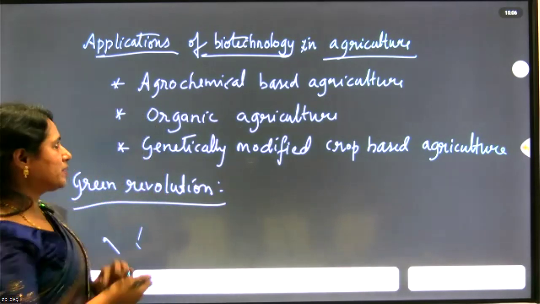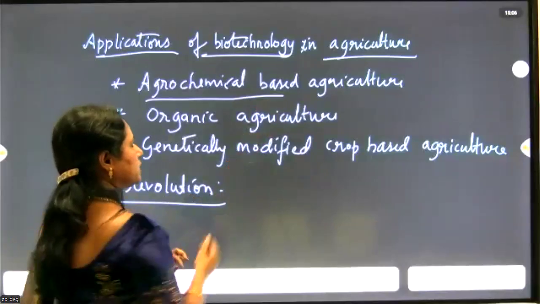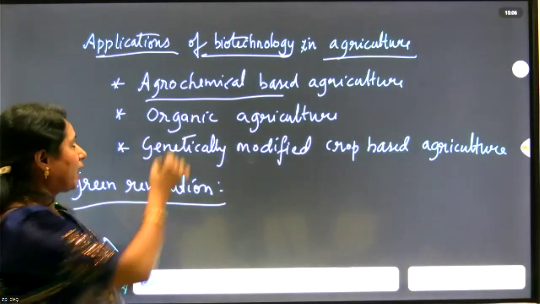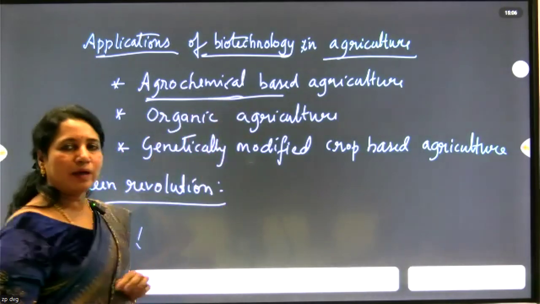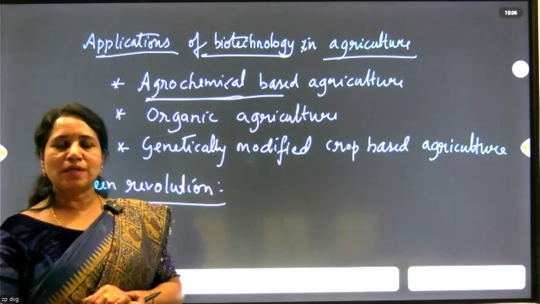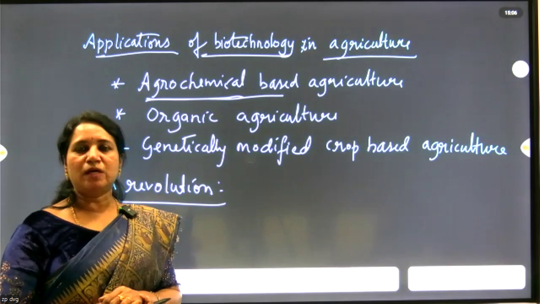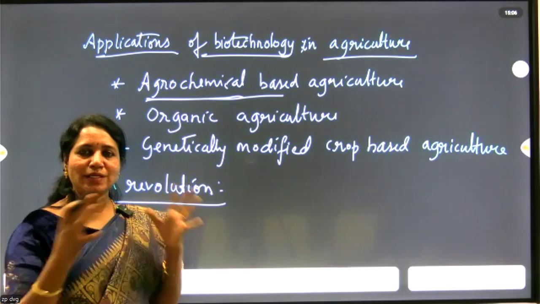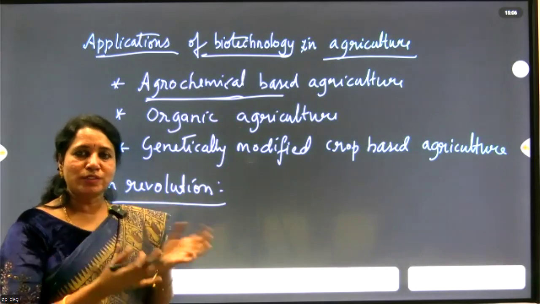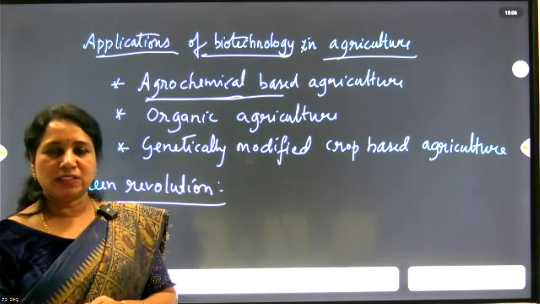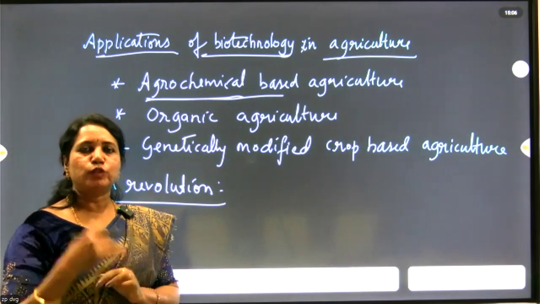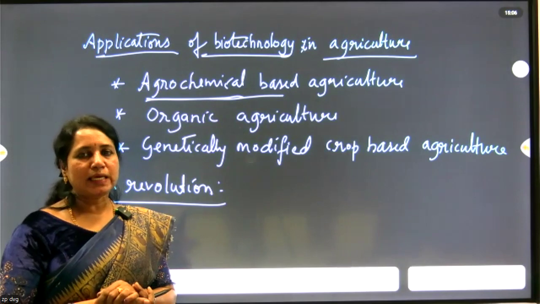They mainly concentrated on agrochemical based agriculture, where they used agrochemicals. So what are agrochemicals? Agrochemicals are chemical fertilizers and chemical pesticides, insecticides, bactericides. All these chemical substances are used to prevent diseases, to prevent crop loss by pests and diseases, and to increase the yield.